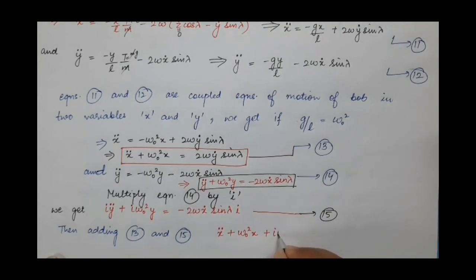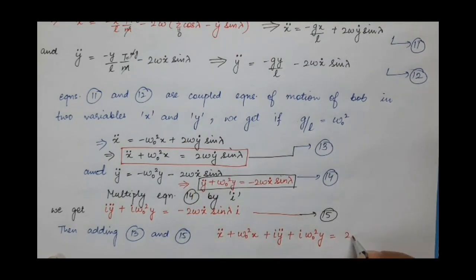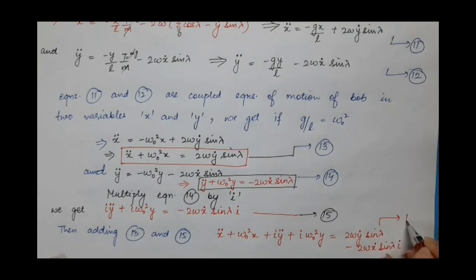So plus iota y double dot plus iota omega naught square y, it is equal to the right hand side of equation 13, 2 omega y dot sine lambda, minus 2 omega x dot sine lambda I cap. And suppose this is equation 16.